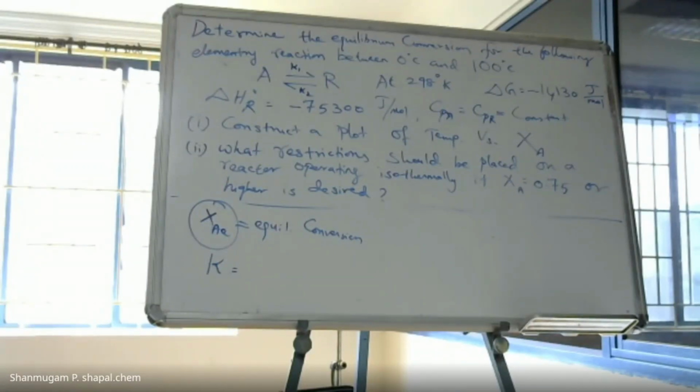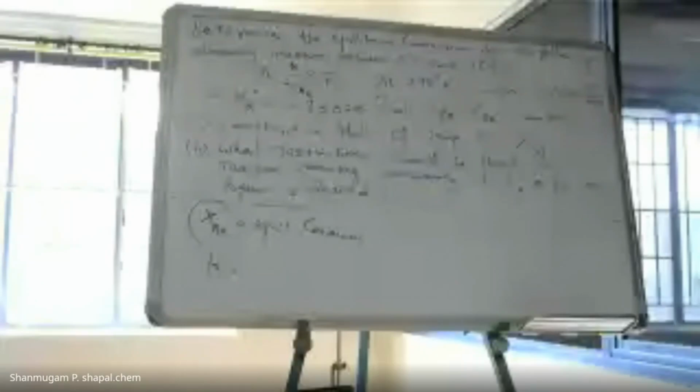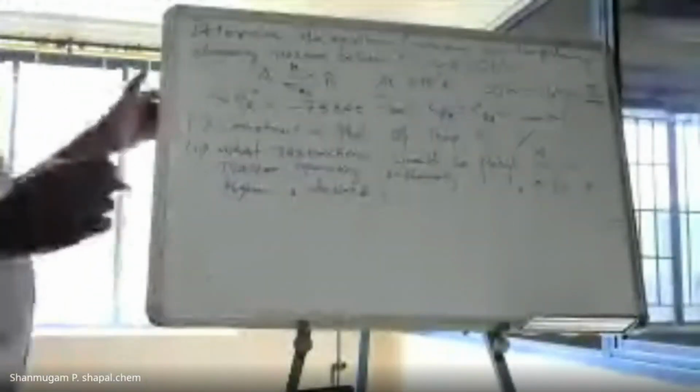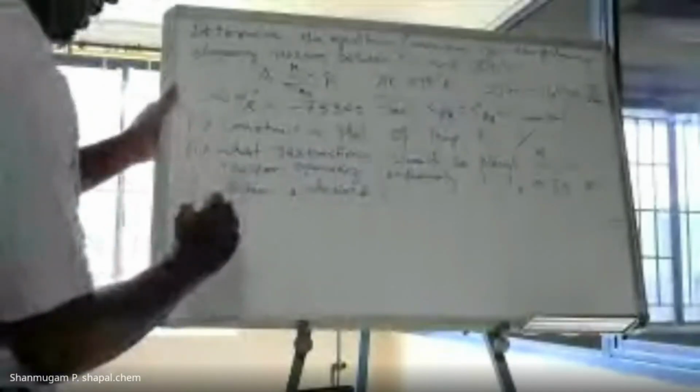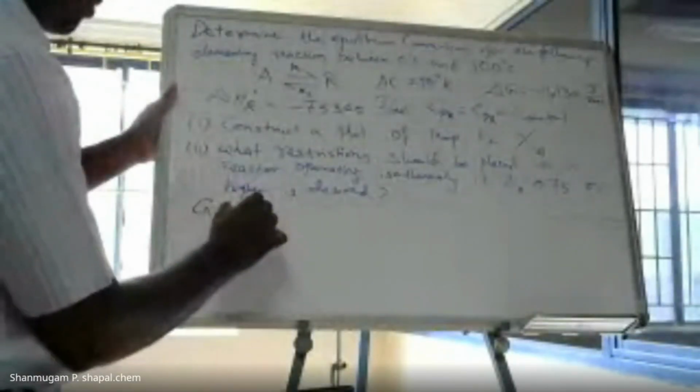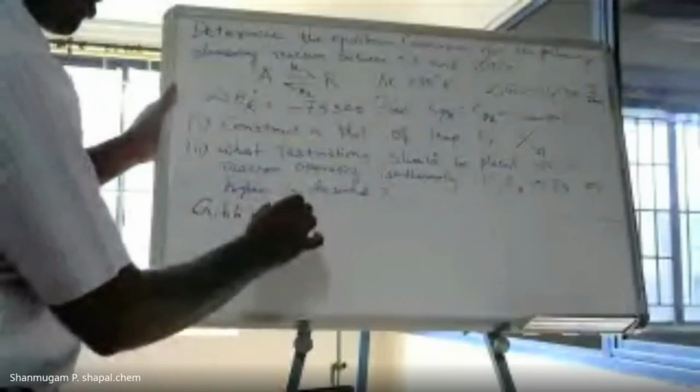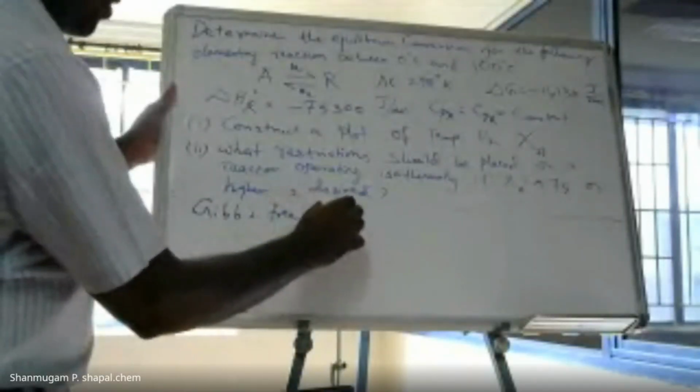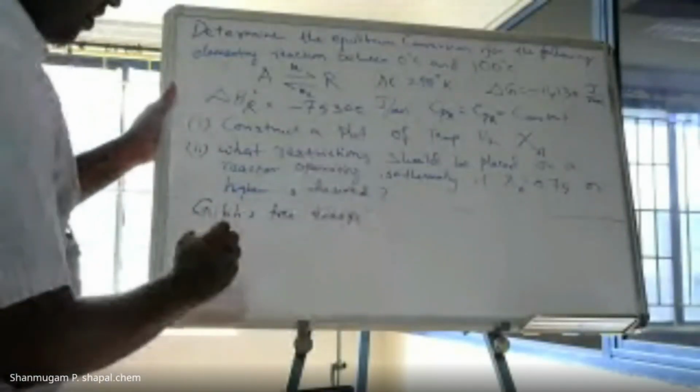To do this, we need to first find the K value temperature relation. One is the Gibbs free energy.